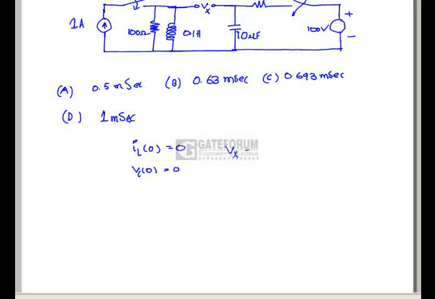Here Vx equals VL minus Vc. Here IL equals IL of infinity plus IL of 0 minus IL of infinity into e power minus R by L into t.